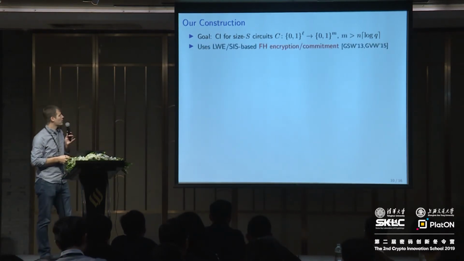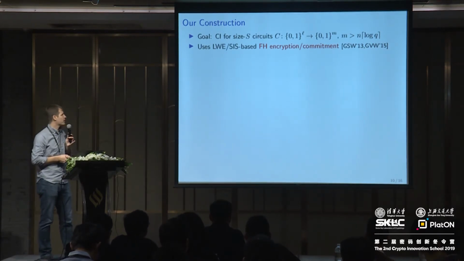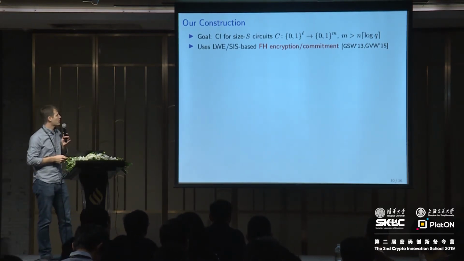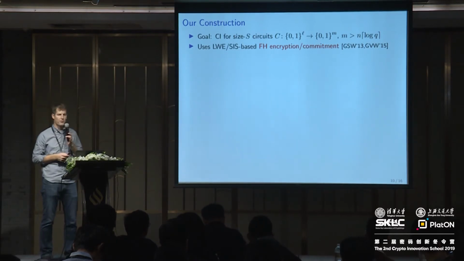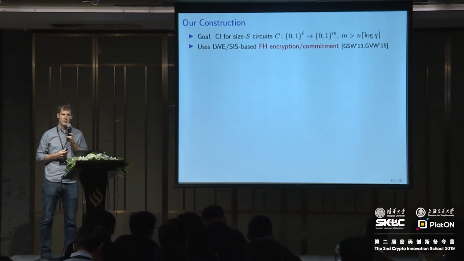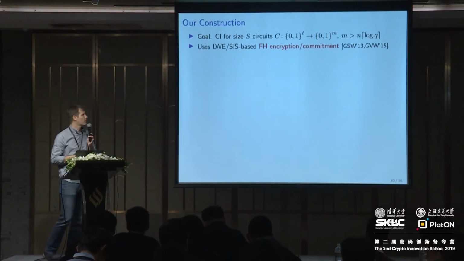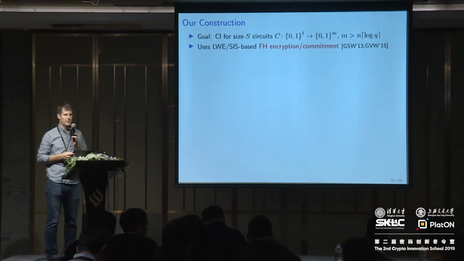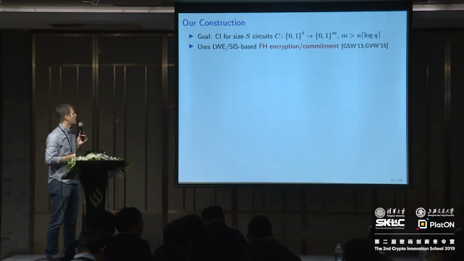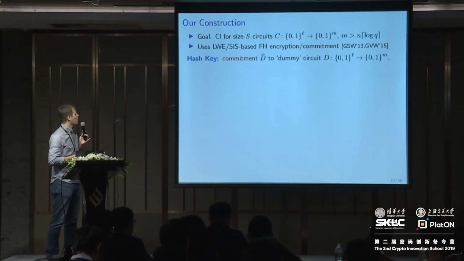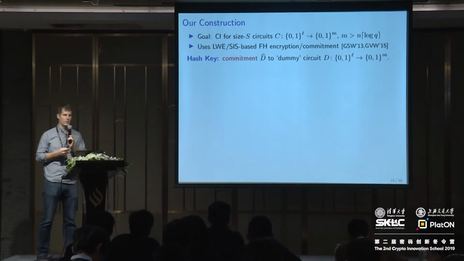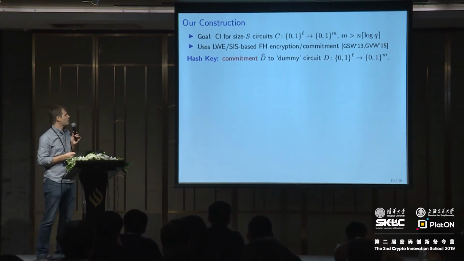So here's how it's going to work. We're going to use the techniques that Hotek taught us about yesterday, which is the fully homomorphic encryption and commitment schemes that come from the Gentry-Sahai-Waters and Gorbanov-Fleischmann and Wee works. So the key to our hash function is just going to be a commitment.